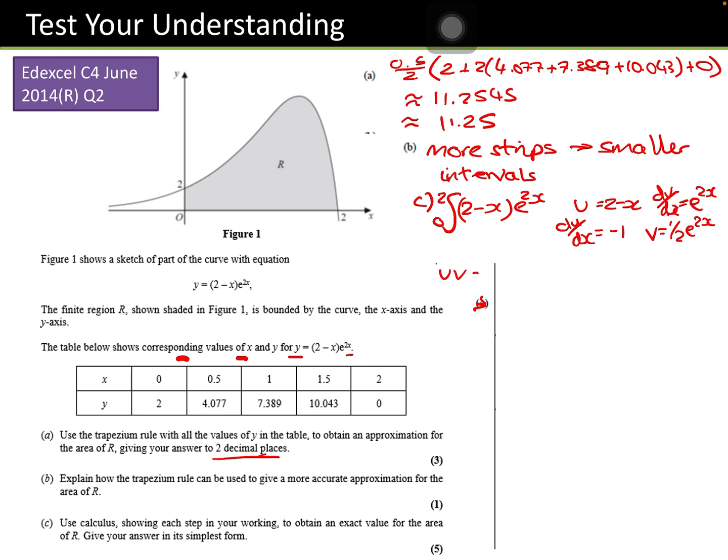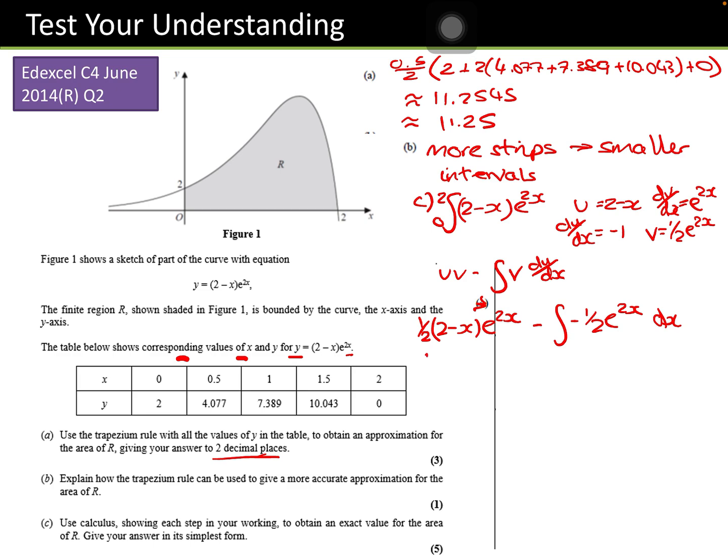So uv minus the integral of v du dx, which will become, so uv becomes 2 minus x lots of a half e to the 2x, I've just put the half in front to make it a little bit neater, minus the integral of v du dx, so it becomes minus a half, because we've got minus 1, e to the 2x with respect to x.